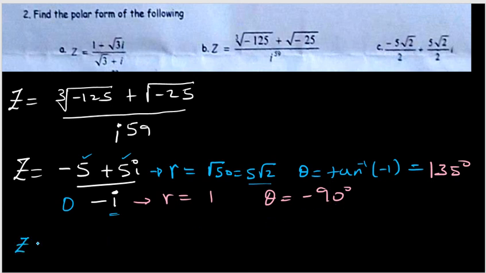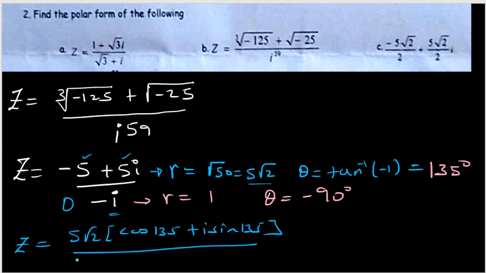Therefore, the z can be written as 5 root 2 in brackets, cosine of 135 plus i sine 135, the whole over 1 times cosine of negative 90 plus i sine negative 90. So we'll subtract the angle. When you subtract a negative, it's going to be added.